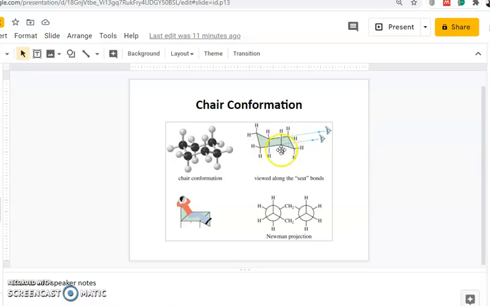In between 1 and 3 you have the second carbon, which is down. Here you have the fifth carbon, in between these two; the fourth and sixth are above the plane. This is the Newman projection formula of the chair form.